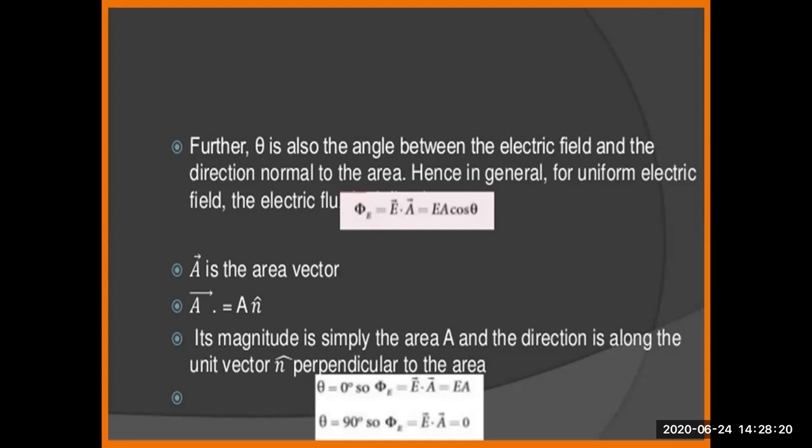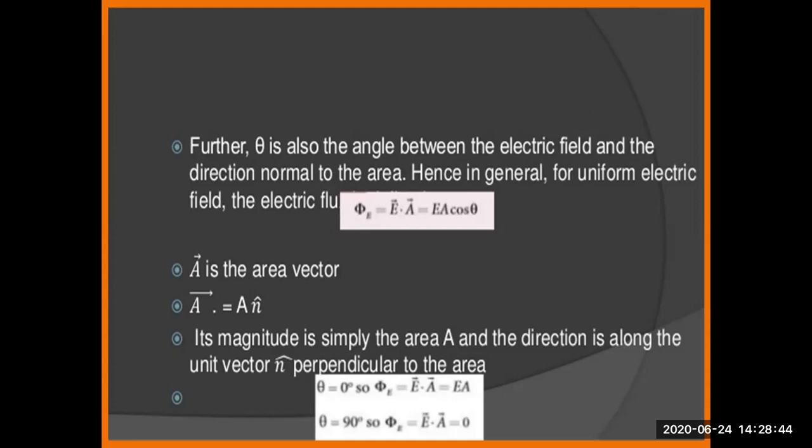We have already talked about this, where A is the area vector placed over there. How can we calculate the direction of the A vector? Because the rectangular area has now been placed somewhere, it gets some direction.